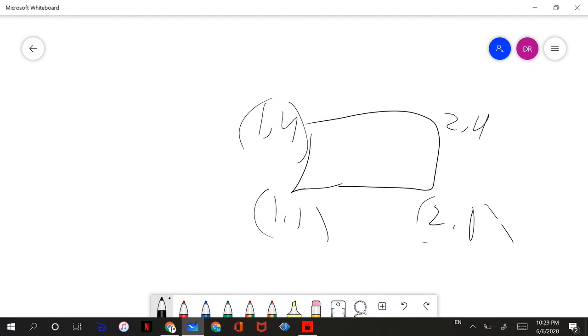So to find the area of this, we have to find the length and the width, because area is length times width. We can use the distance formula.